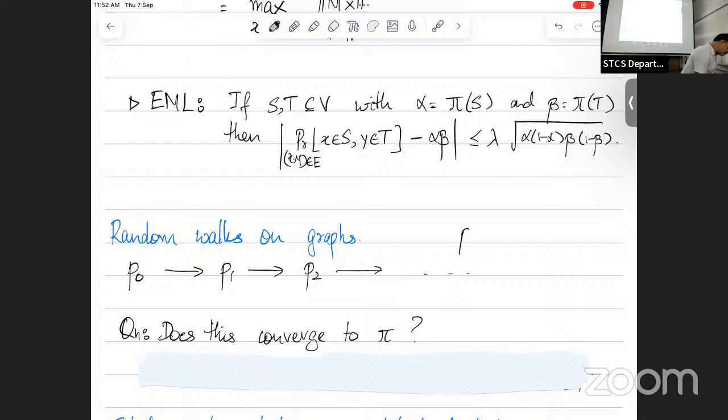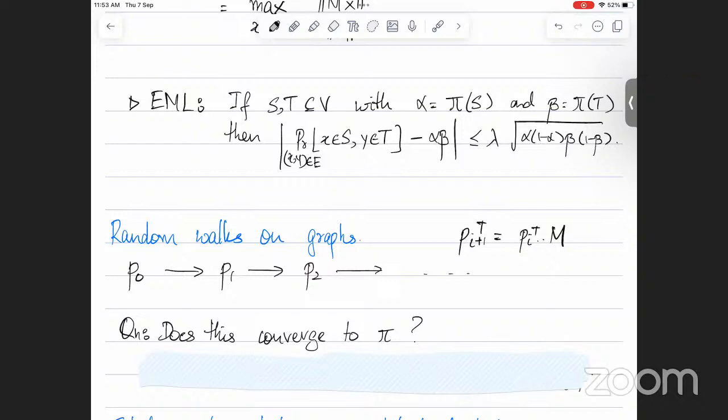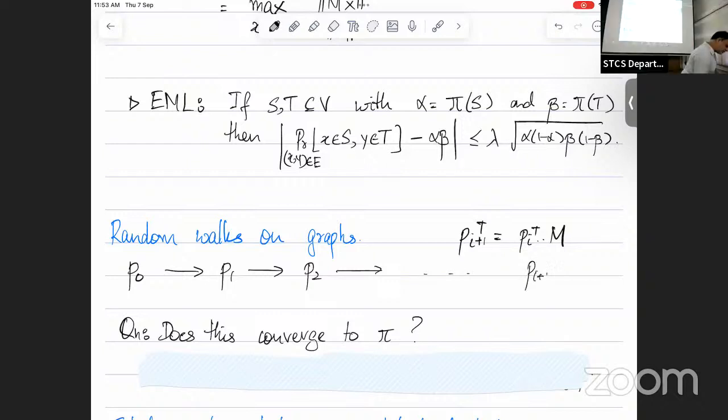In general, Pi plus 1 transpose is equal to Pi transpose times M. This is the evolution of probability distributions according to the underlying random walk. If you want to think of it this way, this is the same thing as saying Pi plus 1 equals M transpose times Pi. They're both the same.